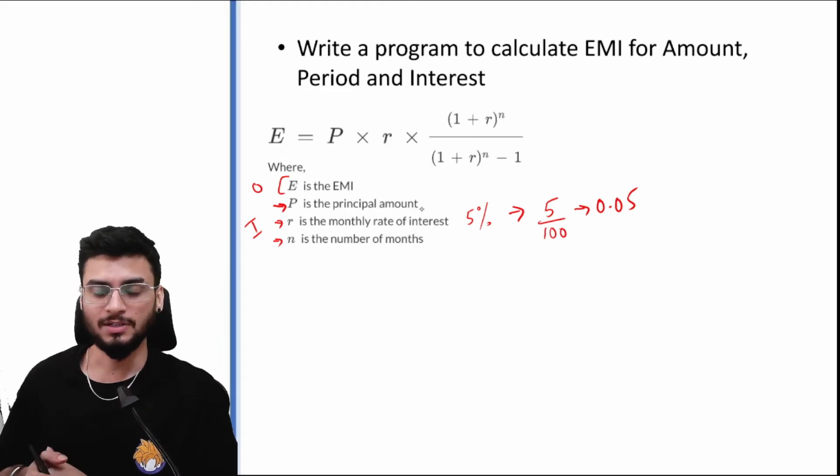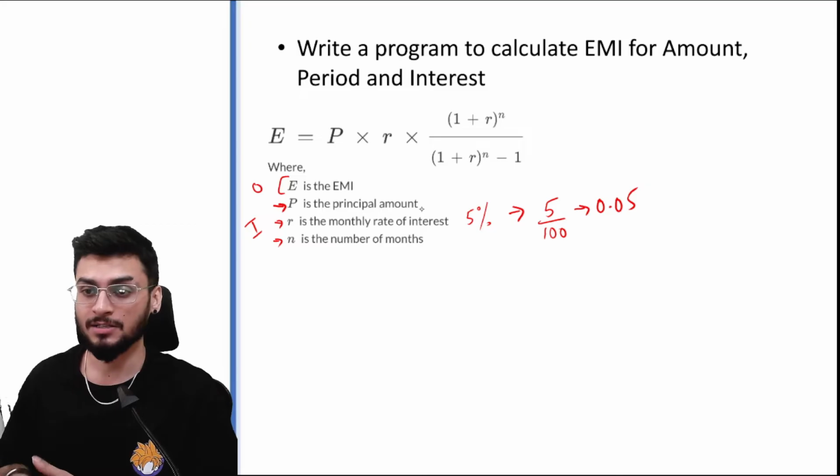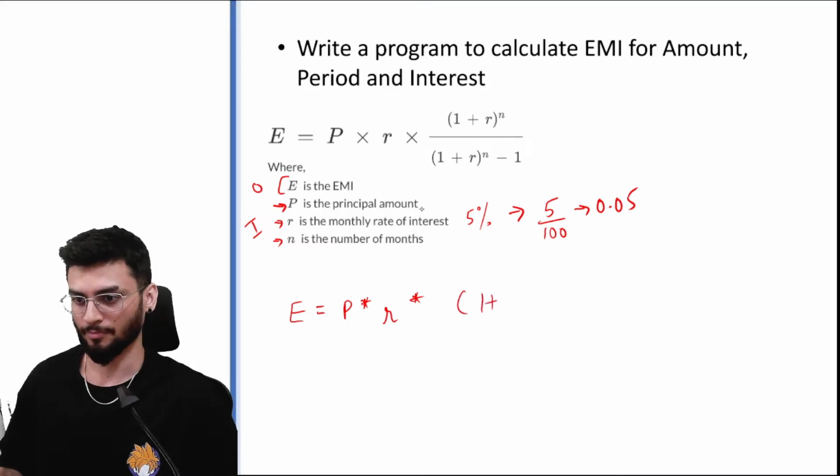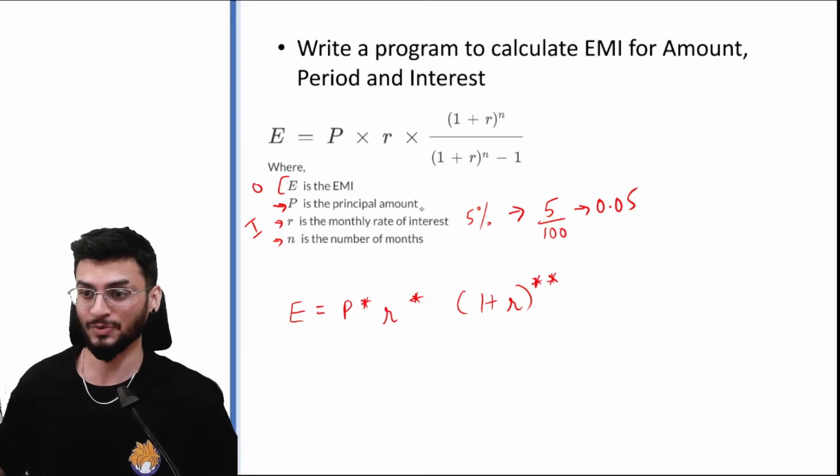So let's just convert it into a way that Python can understand it. I say I will be taking the same name of the variables, P into R into. So for exponential notation, I have to use two asterisks, which means raise to.